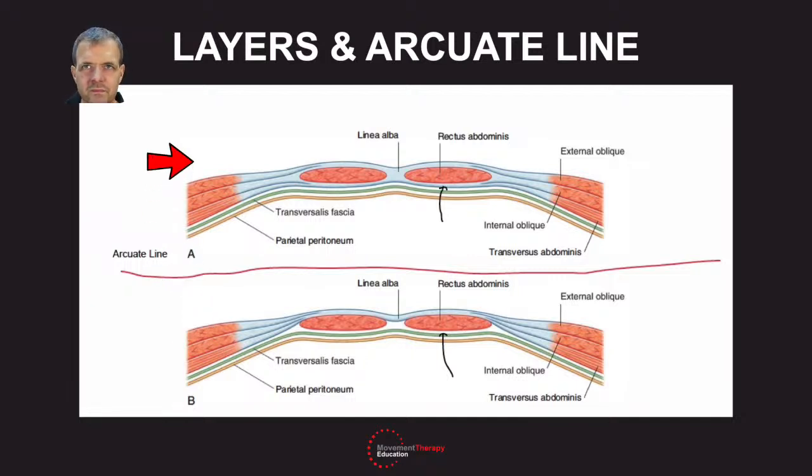So above this line, and obviously it will be slightly different for everybody, but on the whole it's in the same kind of place, which is around the level of your belly button, just underneath it.